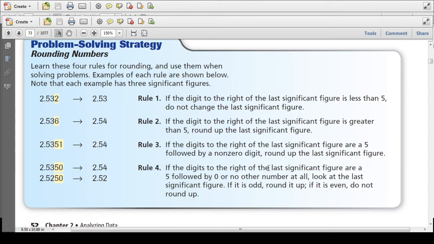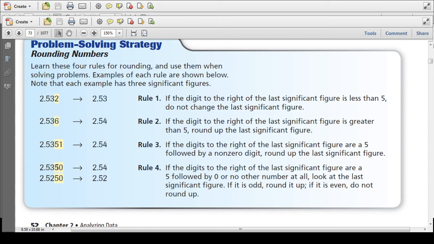If the digit to the right of the last significant figure is a 5 followed by a 0, or no other number at all, look at the last significant figure. If odd, round it up. If it's even, do not round up. So in this case, here we have 2.5350.